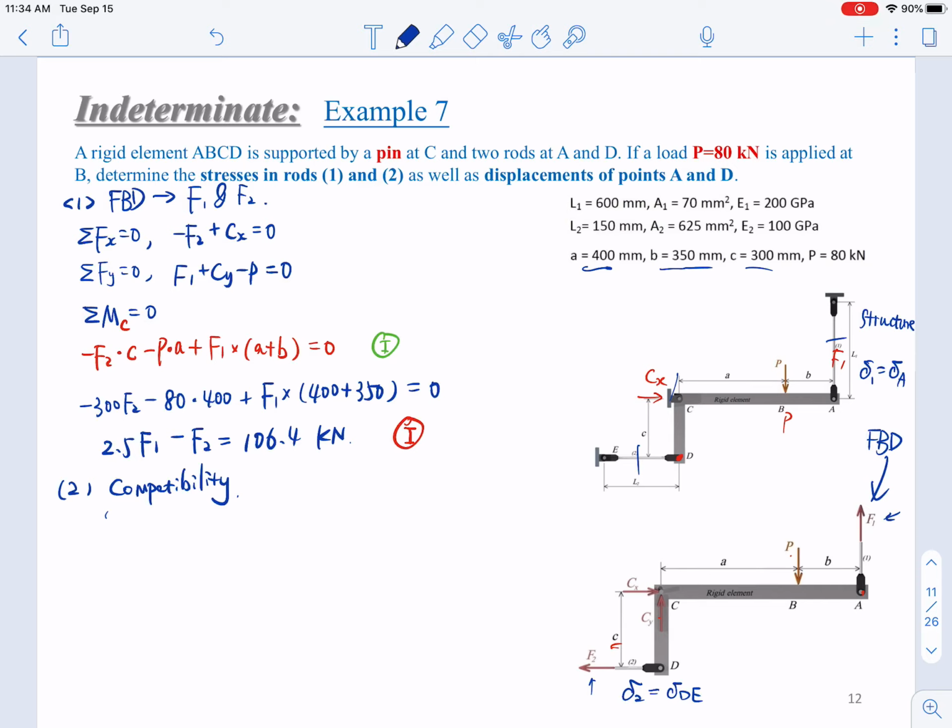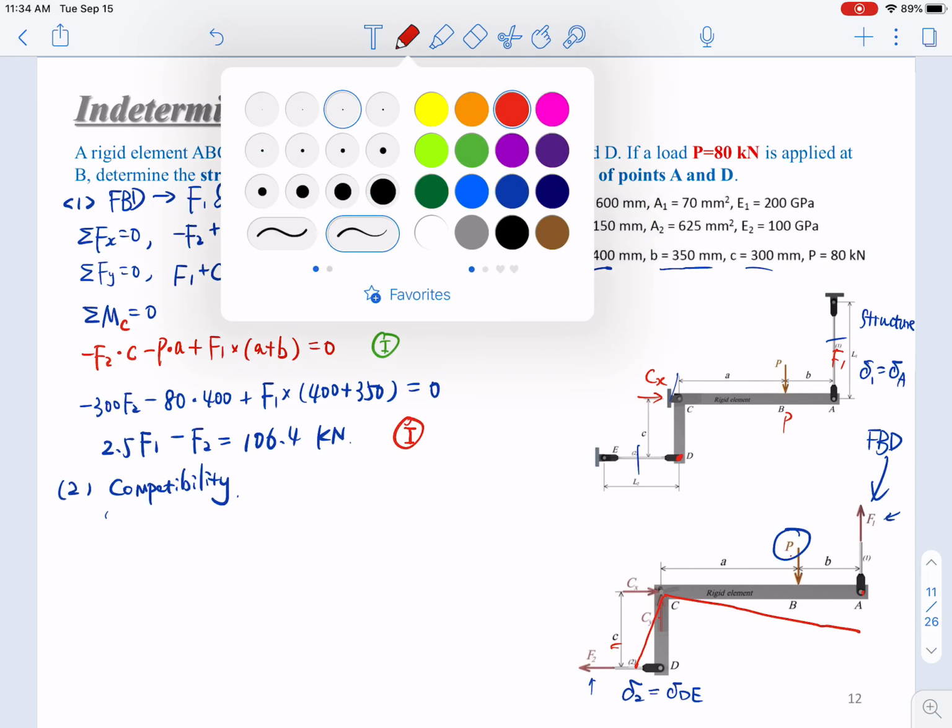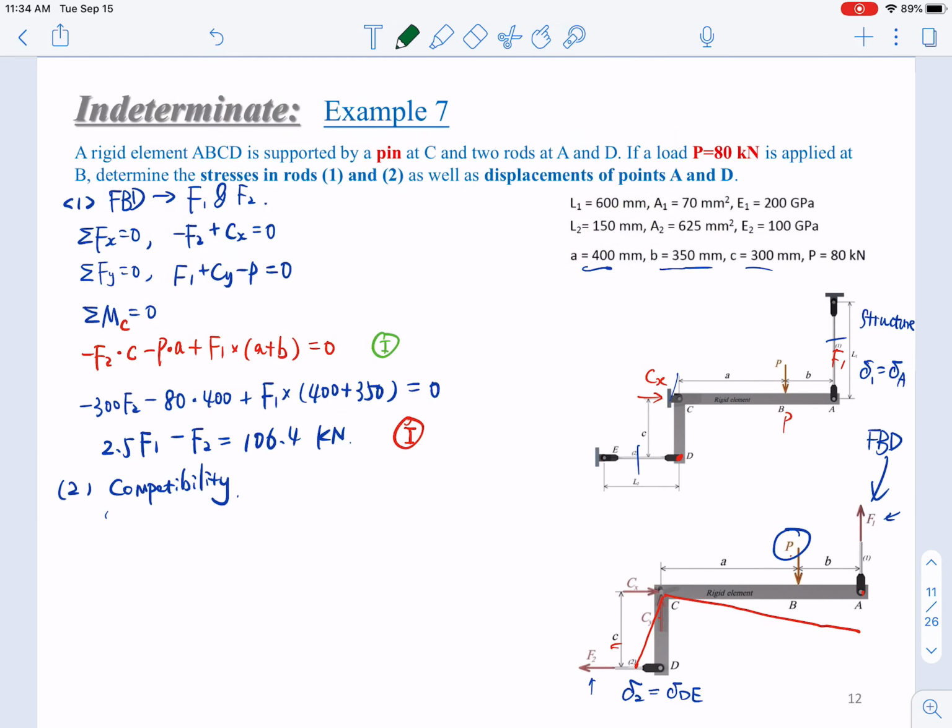Okay, if you add this load P to it, so this A, B, C, D, this rigid element will be rotated clockwise, right? It will be rotated clockwise to here. Right? So we'll get such two triangles, and these two triangles are similar to each other, right?